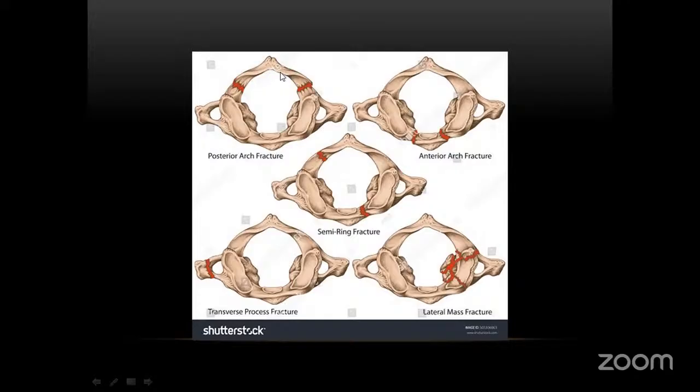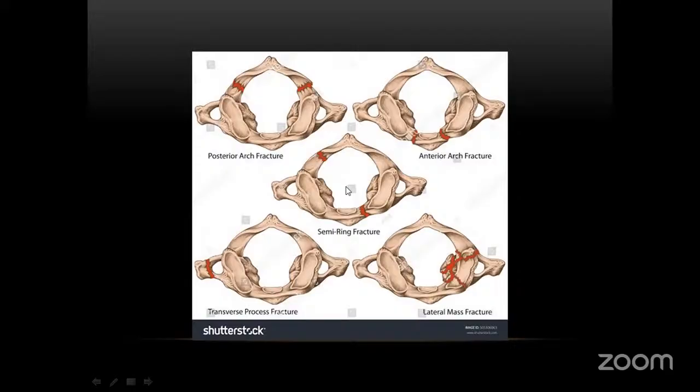Okay, so what is the criteria according to which you can say that these are unstable fractures? What is the criteria for most of the C1, C2 fractures? Transverse atlantal ligament disruption.